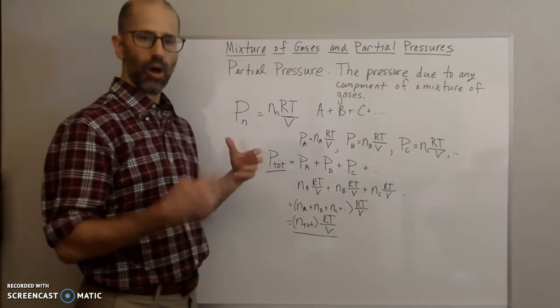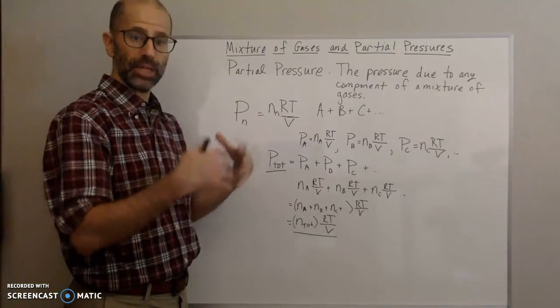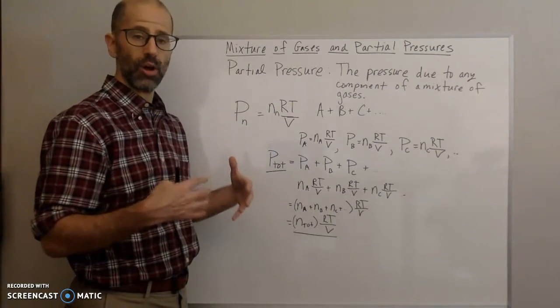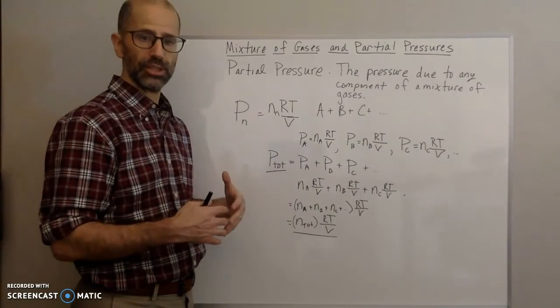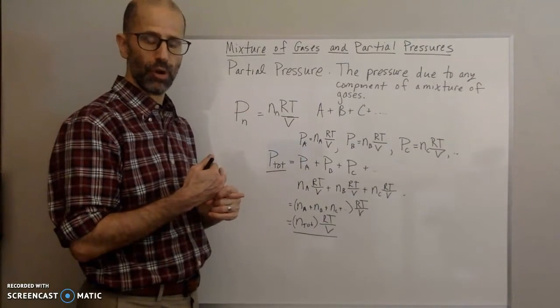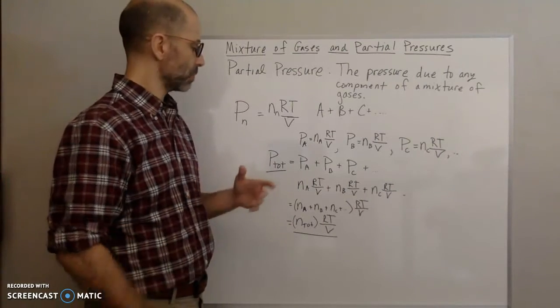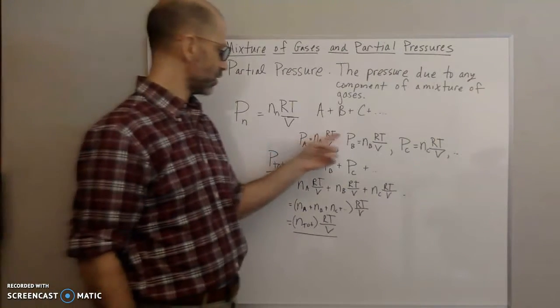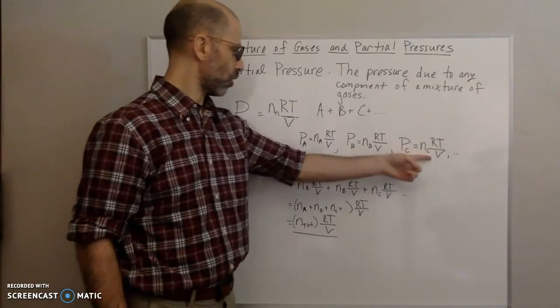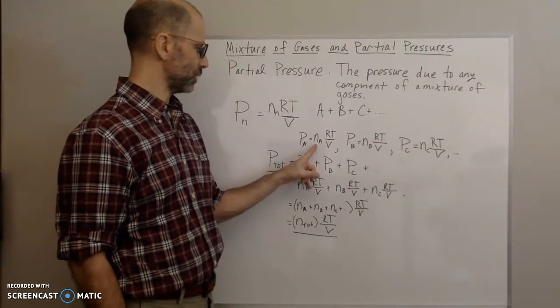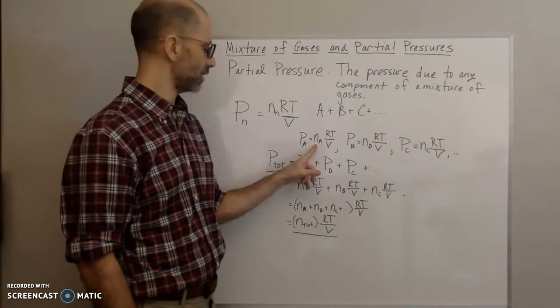Since all the gases are in a mixture, they must all be under the same conditions: same temperature for all the gases, same volume, and so on. So R, T, and V are going to be the same for all the gases. The only difference is going to be the number of moles of gas.